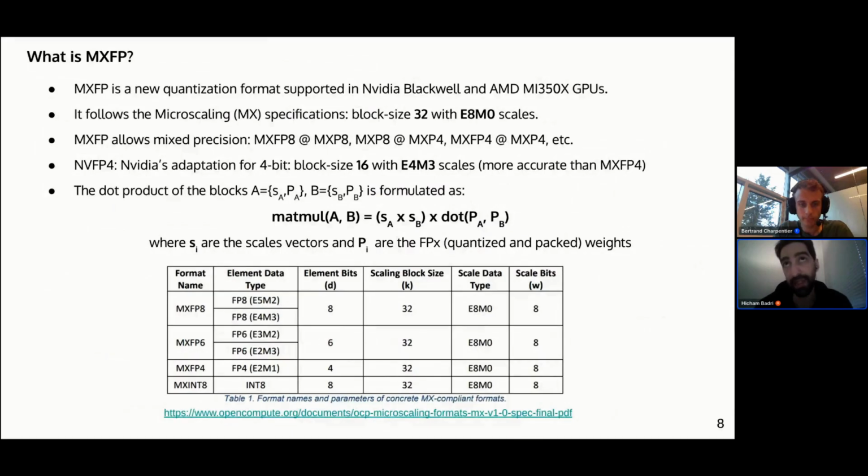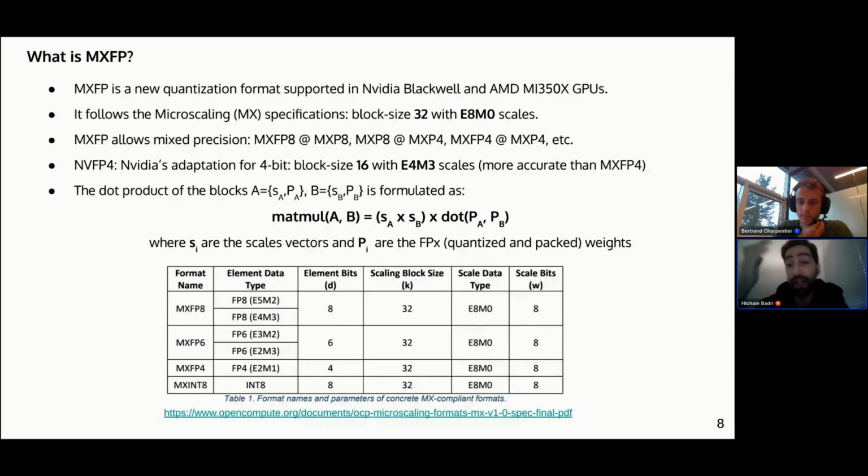It's just that the block size is smaller, like 32, and you only have the scales, and the scales are 8-bit. Later we are going to see what this E8M0 scale is, and explain it in a little more detail. The other thing about the MXFP format is that it allows mixed precision.